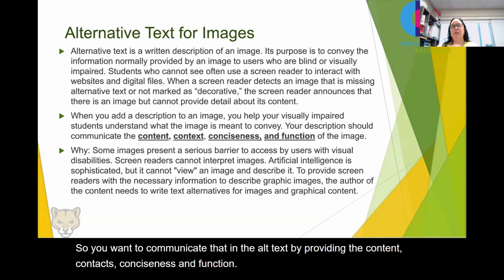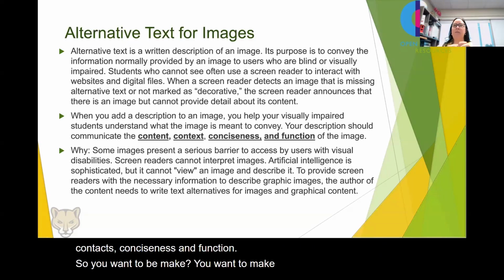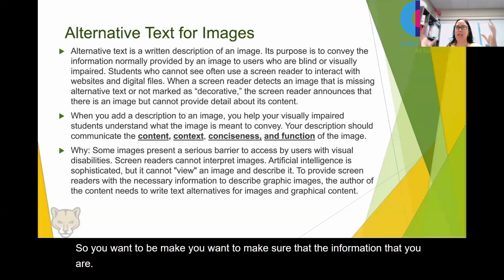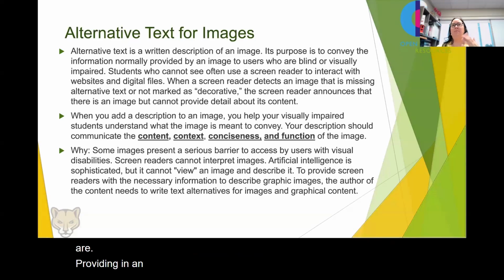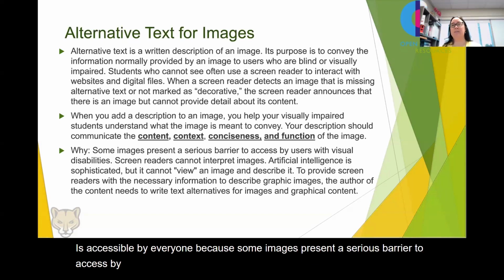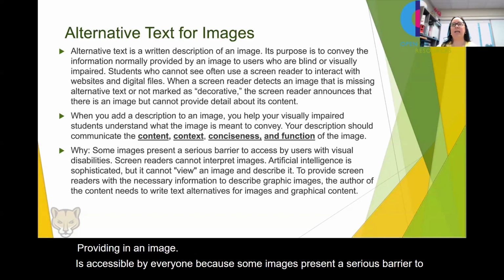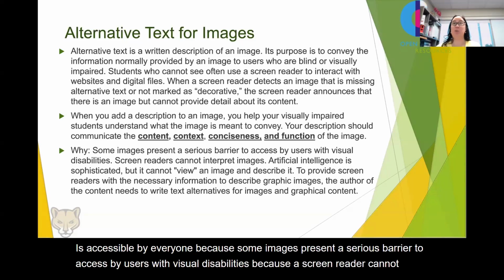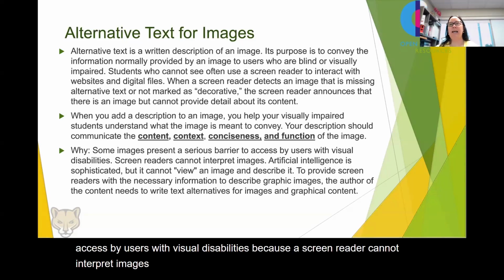You want to make sure the information in an image is accessible by everyone, because some images present a serious barrier to access for users with visual disabilities, since a screen reader cannot interpret images. Artificial intelligence is interesting, but it cannot actually describe the image.